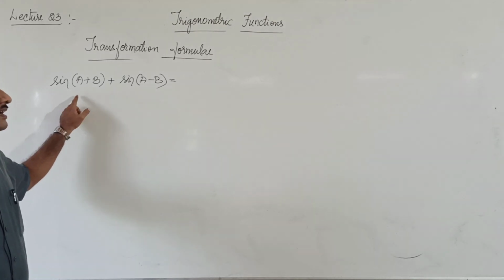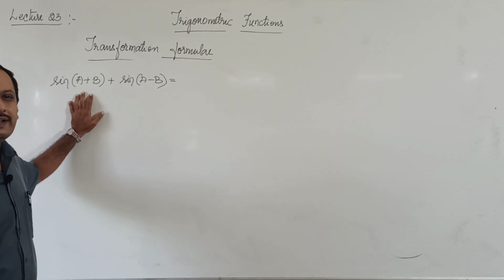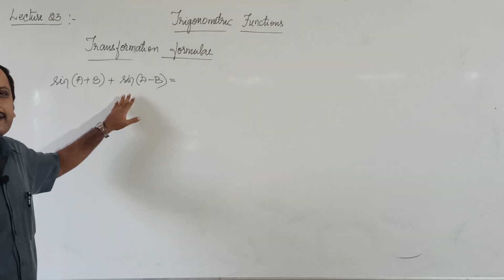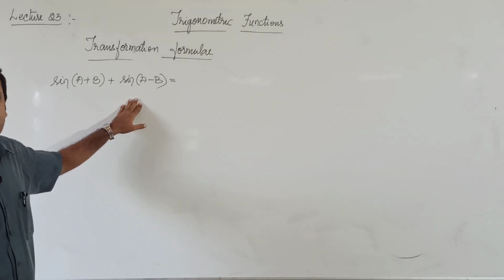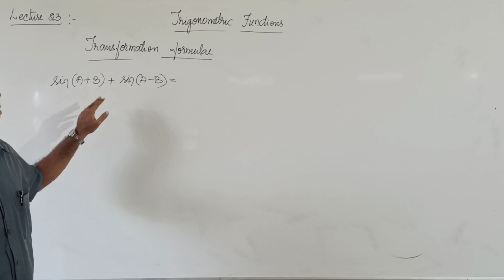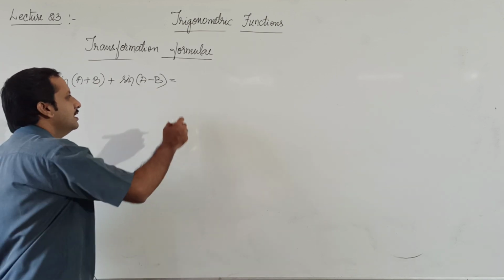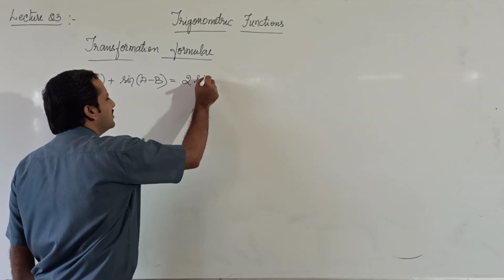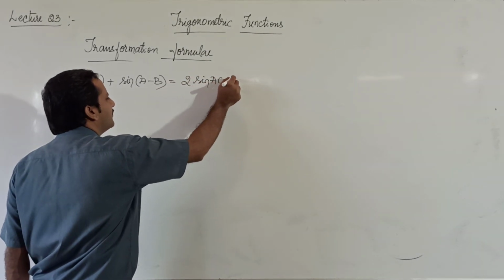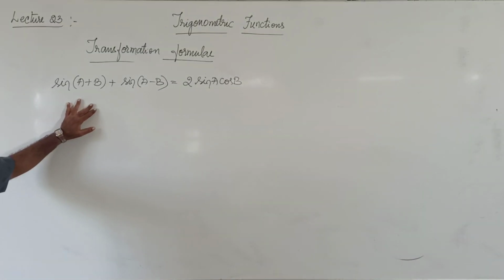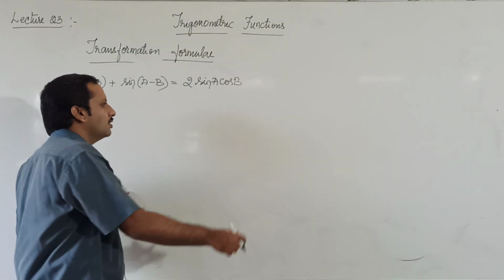When I expand this, here you are going to get sin a cos b plus cos a sin b, and here sin a cos b minus cos a sin b. So that cos a sin b gets cancelled. Here you will have sin a cos b plus another sin a cos b. Together you can write this as 2 sin a cos b. So sin(a+b) + sin(a-b) is equal to 2 sin a cos b.